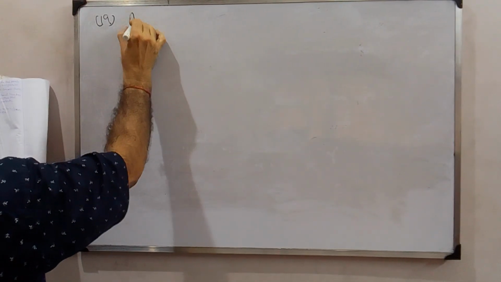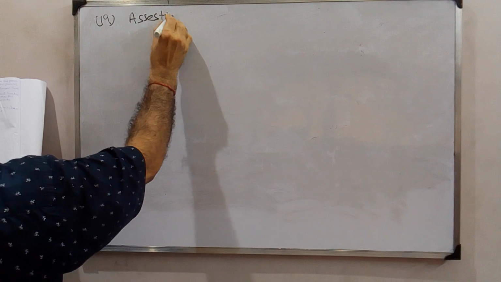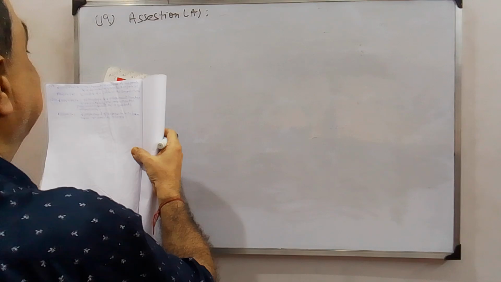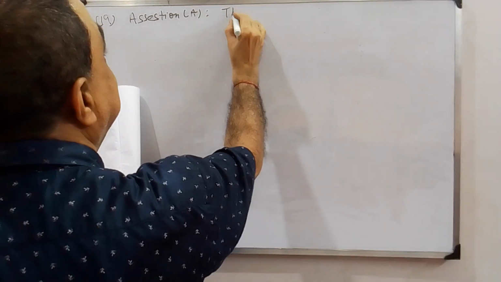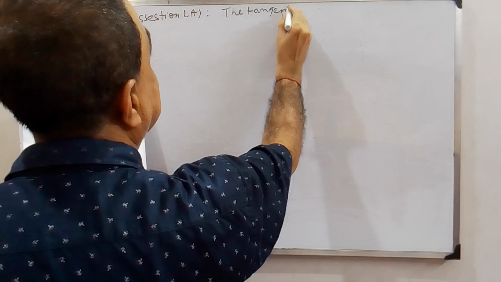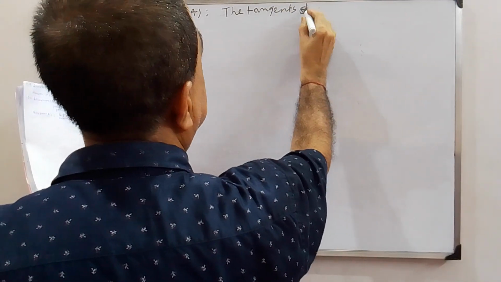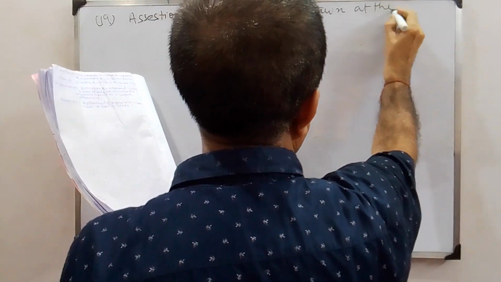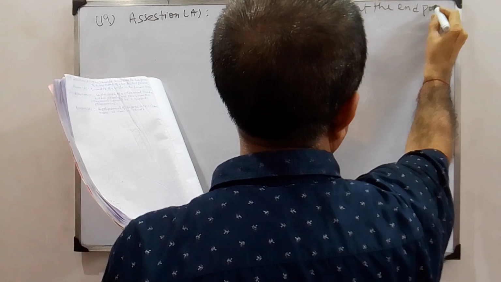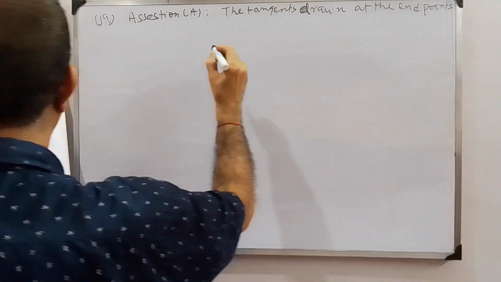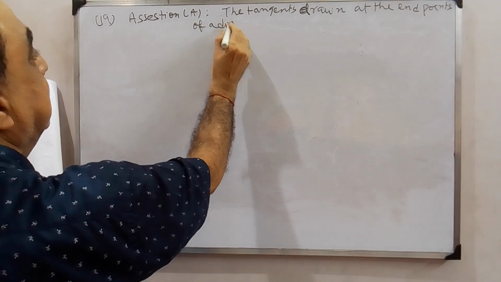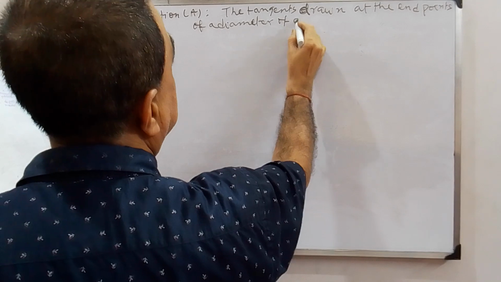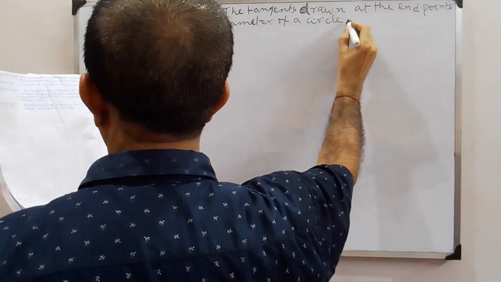There is an assertion A given. The assertion is denoted by the letter A. It says the tangents drawn at the end points of a diameter of a circle are parallel.